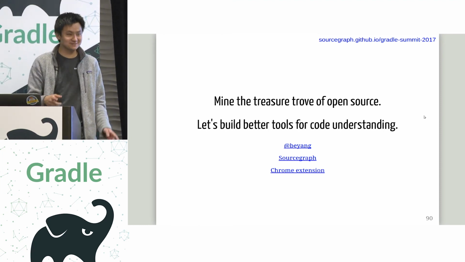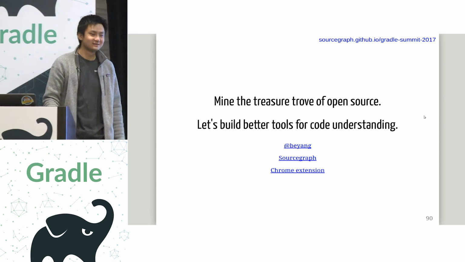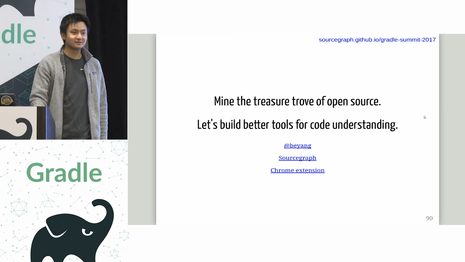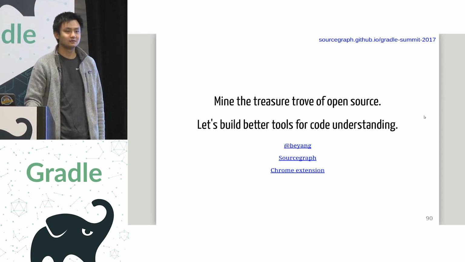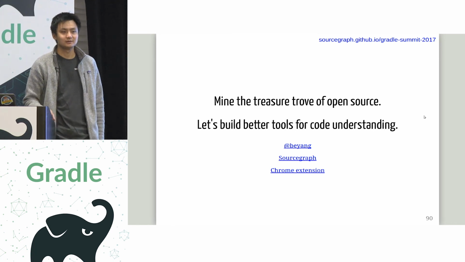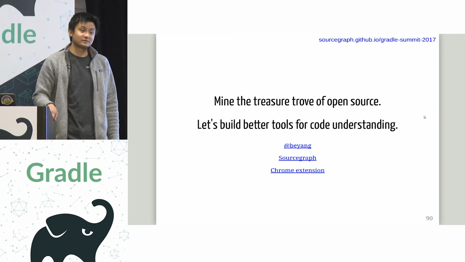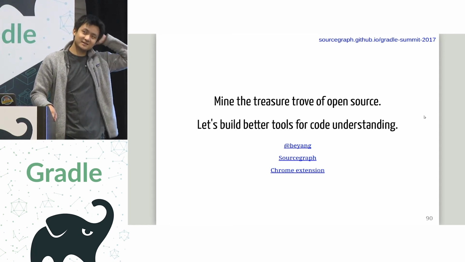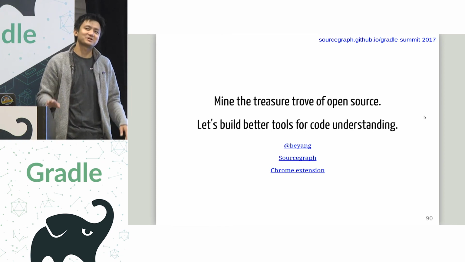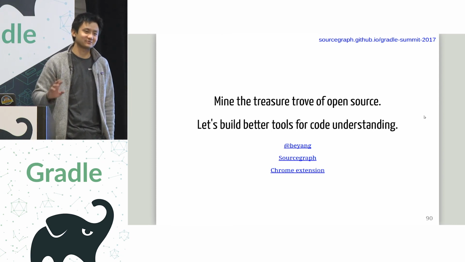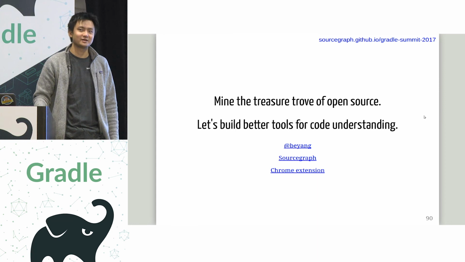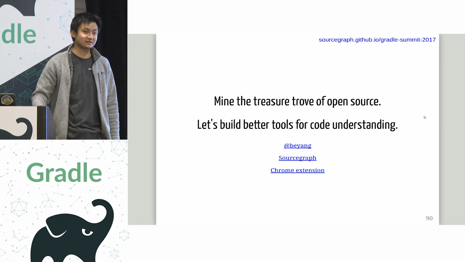Anyone else? Questions? Yes? For the fake Gradle interpreter, do we use any Gradle code for that? No, we didn't. And the reason is a combination of, I wish I could say it was because we thought through the entire problem and decided not to reuse the code, but it was really because when we developed it, it was for a particular client, and we had a deadline.